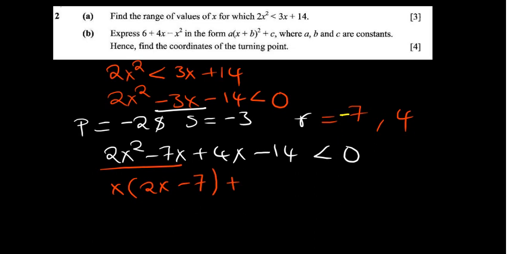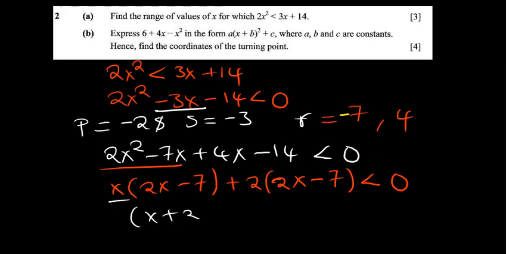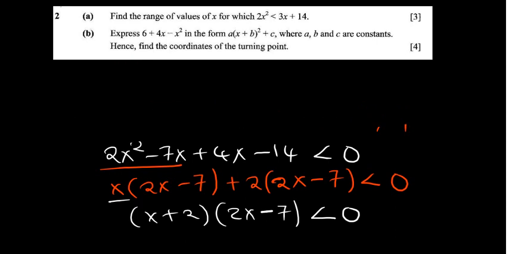And then if we pull out a 2 there, 2 into 4x is 2x, and into negative 14 it's 7. So we have x plus 2, and then 2x minus 7 less than 0. So factorize the inequality. This way it's easy to handle.